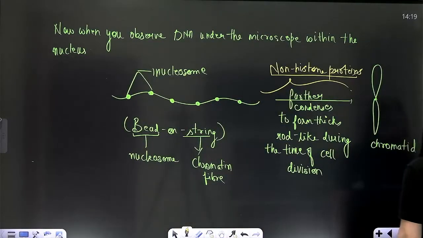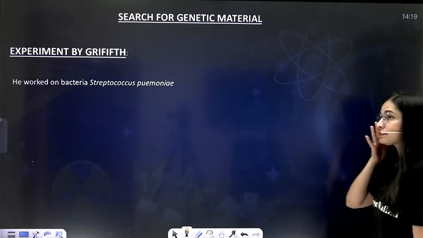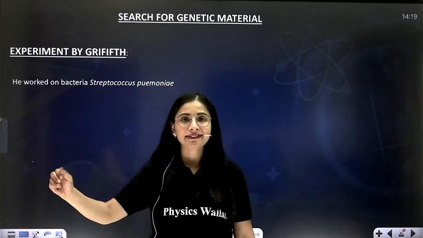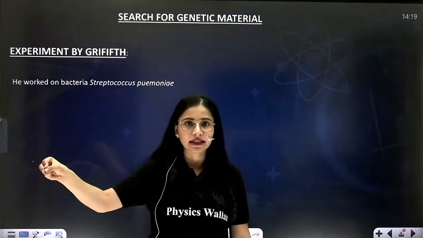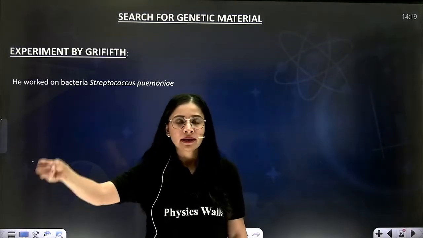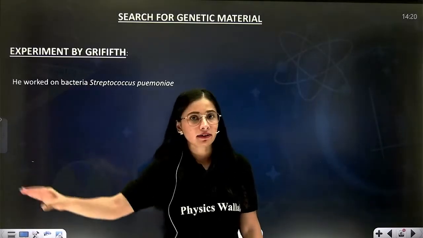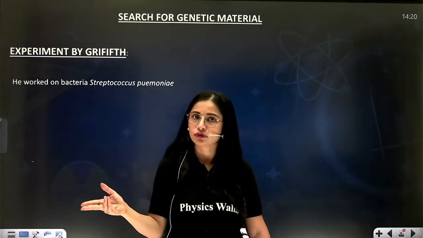Right? Chalo. Now you have seen that in the beginning of the chapter we declared that DNA is the genetic material which makes up the gene, and then these genes, as and when required, produce protein and regulate the metabolic activity of the body.